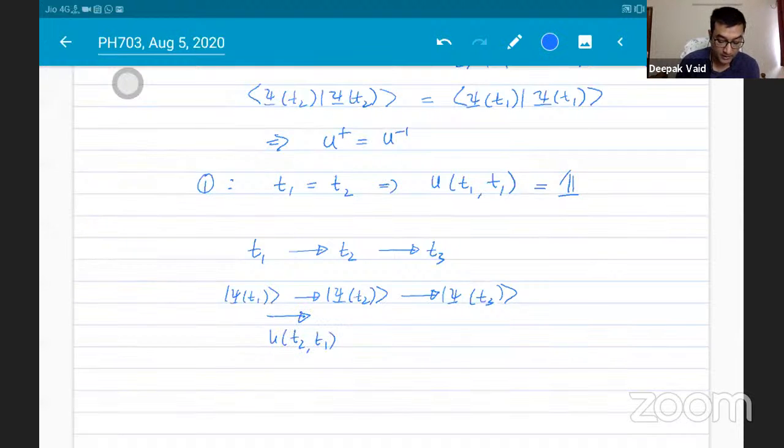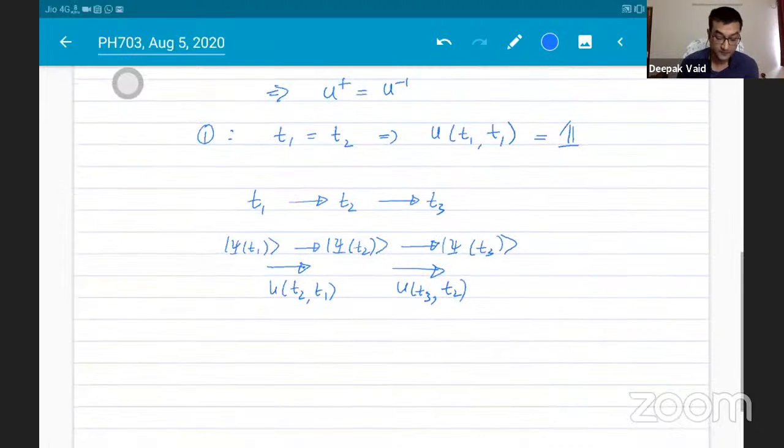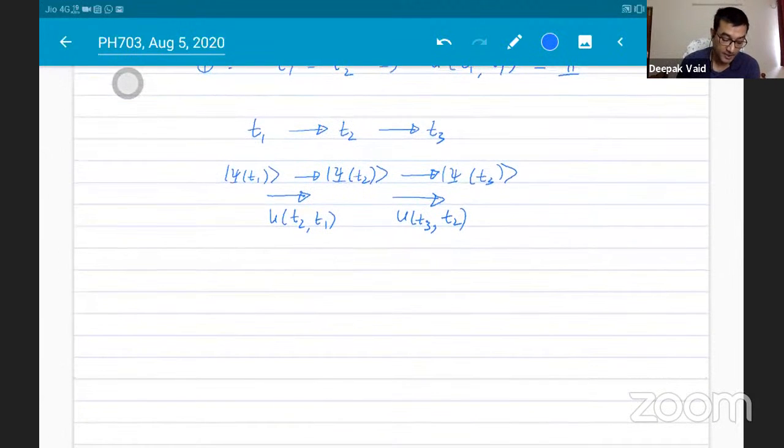And similarly, to go from t2 to t3 will be some unitary operator, or the same unitary operator but written as a function of t3 and t2 instead. But you can see that instead of going from t1 to t2 and t2 to t3, we can go directly from t1 to t3. If we do that, then this becomes u of t3 t1.